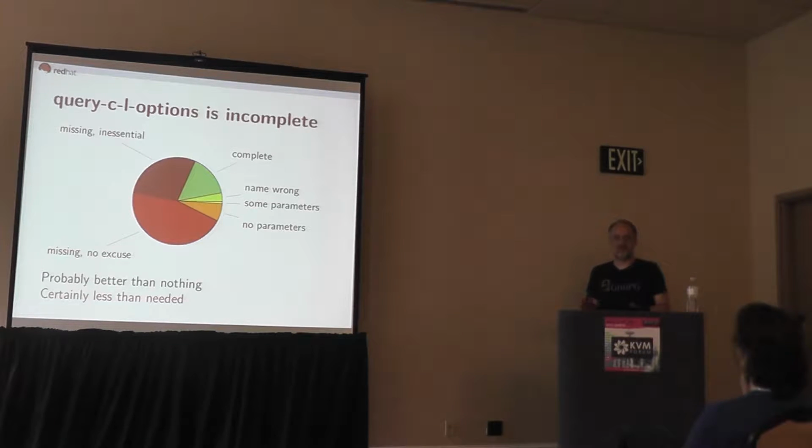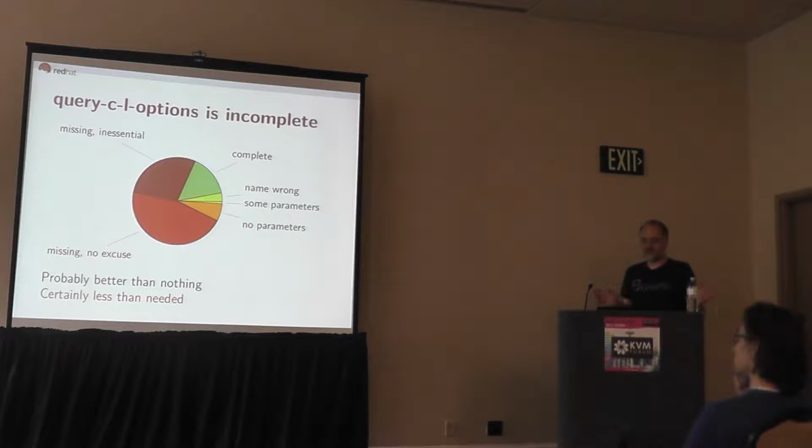But that's just a minor annoyance, so it's still green for me. The small yellow slice, you might not be able to see it. That's when it tells you about some parameters, but forgets about others. The orange slice, that's when it forgets about all of the parameters. And the red slice is when it has no information at all.